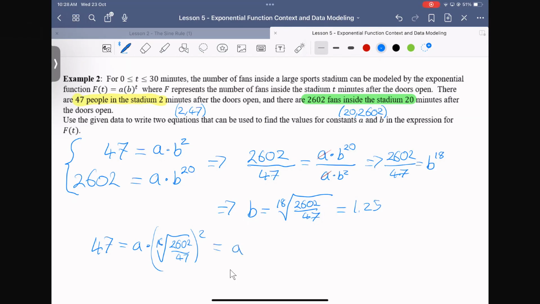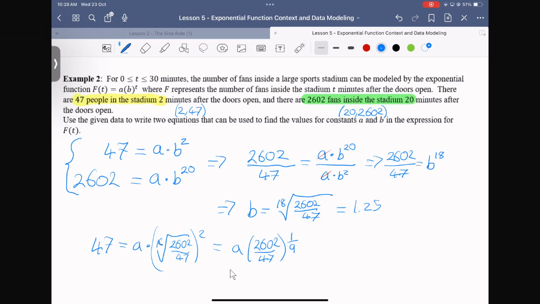If I wanted to get rid of the 18th root and write it as an exponent, what would it be? 1 over 18, so 2 over 18? So it's 1 over 18, but that's going to simplify to 2602 over 47 to the 1 over 9. Why is it 1 over 9? 2 over 18.